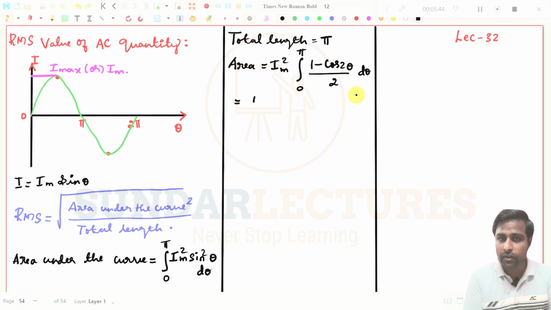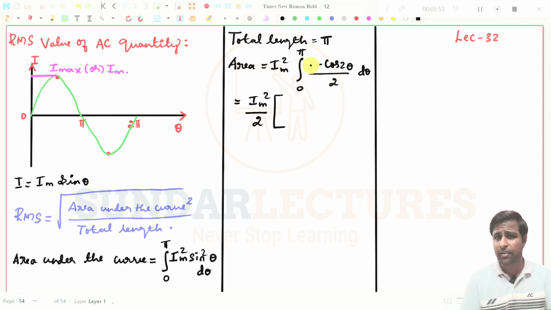So this can be written as Im square divided by 2 times the integration of 1 minus cos 2 theta. For 1, the integration will be theta, because it is a constant, minus sine 2 theta divided by 2.